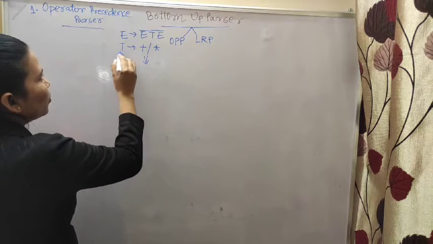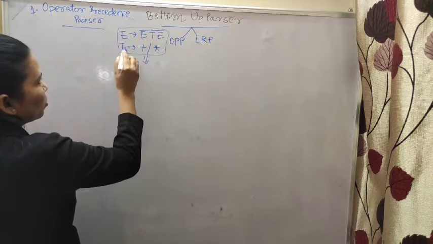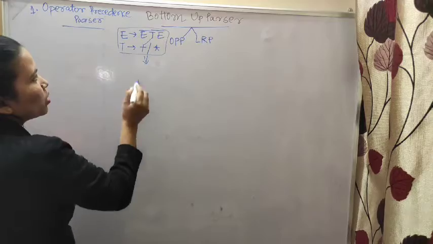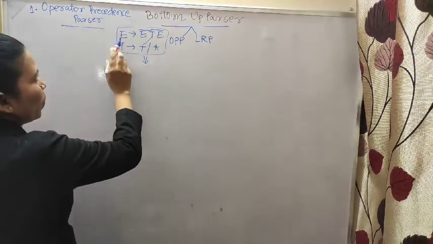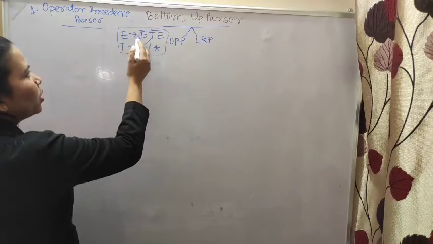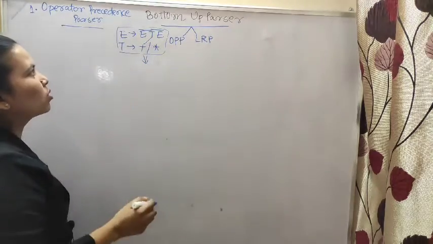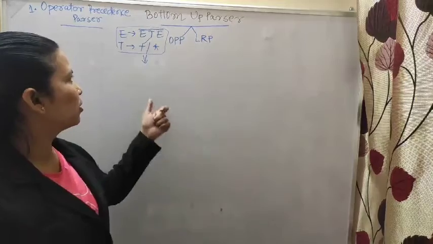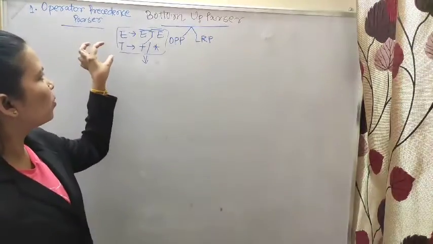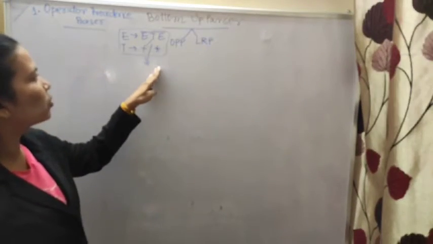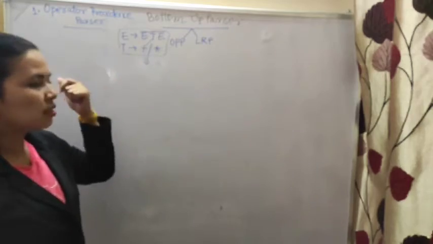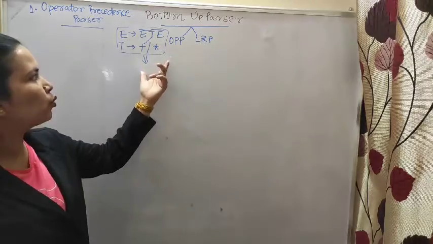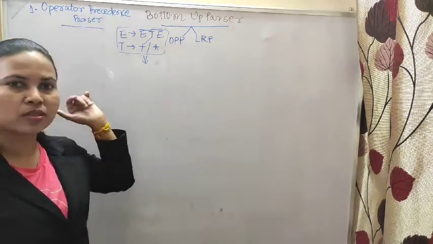If we derive this grammar, then what will come? E derived E plus E, or E derived E star E. So this is the operator precedence. Whenever an operator precedence parser is given in the questions, many times you have to find out whether it is an operator precedence parser or not.